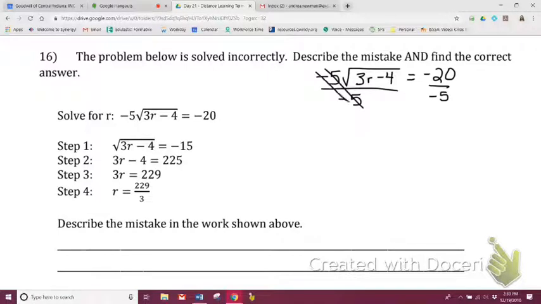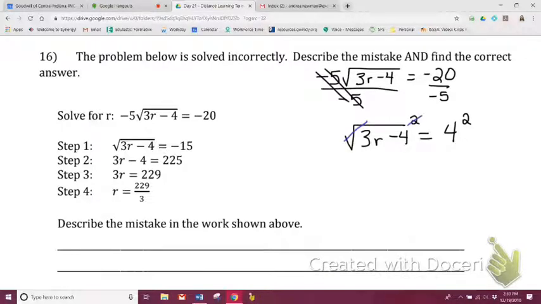So these cancel. Now I have the square root of 3r minus 4 equals 4. Have we solved for r? No. We're trying to get r by itself. How do we get rid of the square root? Square it, and whatever you do to one side you do to the other. The square and square root cancel each other out.